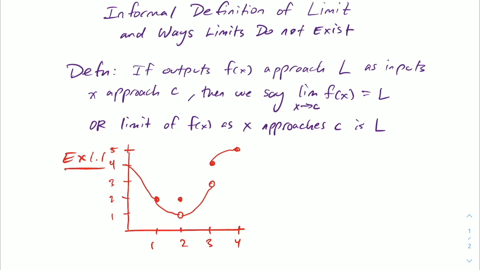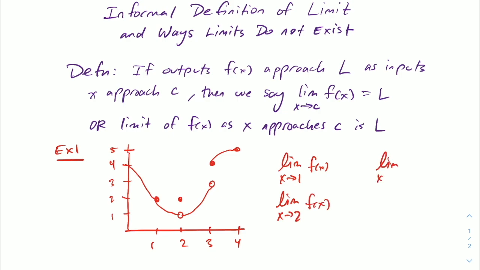Let's call this example 1 for simplicity. Now we're going to compute the limit as x goes to 1 of this function, call this function f, limit as x goes to 2 of this function, and limit as x goes to 3 of this function.